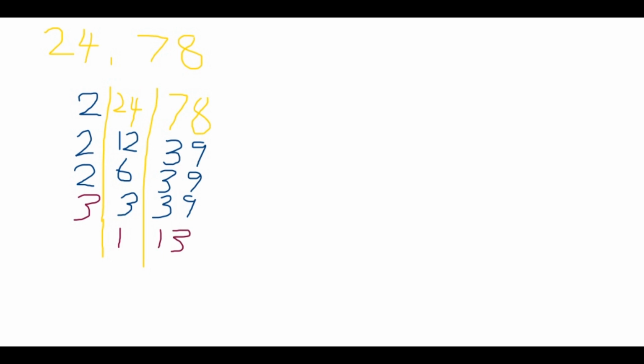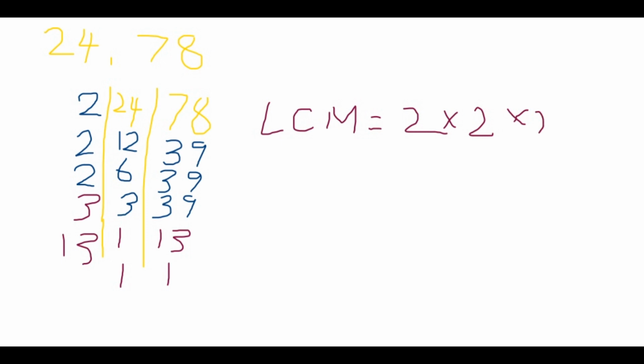And divide by the next prime number, which is 13. 13 here will bring down the 1, and 13 divided by 13 is 1. So therefore the LCM is equal to 2 times 2 times 2 times 3 times 13.